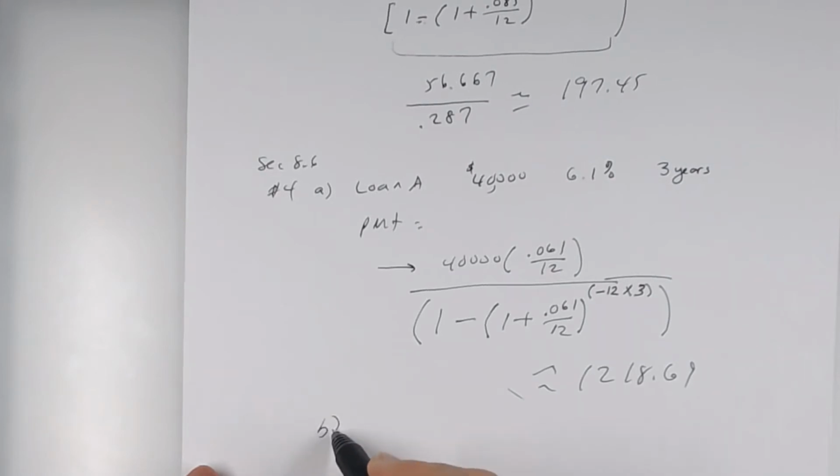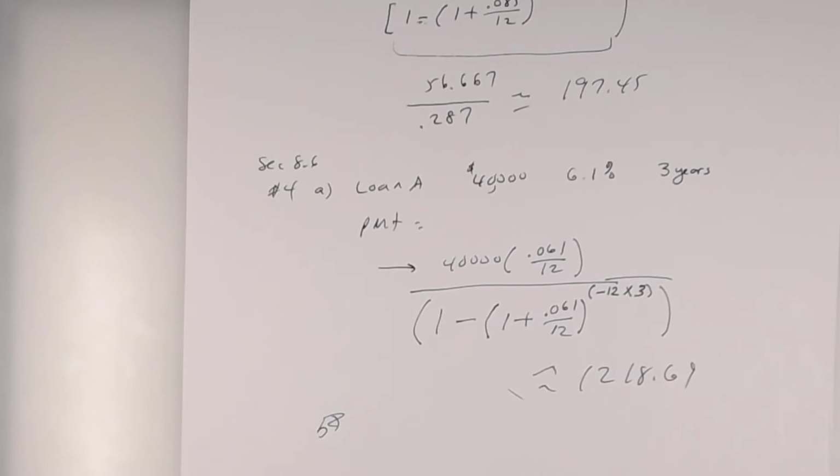Now, Part B, oh, and then the other part of Part A says this. Part A says, and what's the total interest? Okay, now listen carefully. How do you find the total interest? What do you have to do? Okay, well, first of all, let's think about it this way.